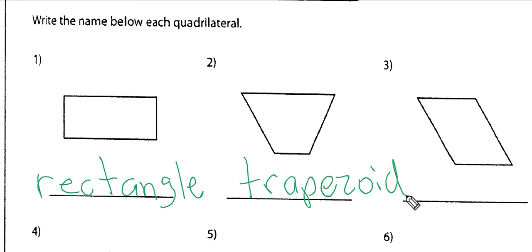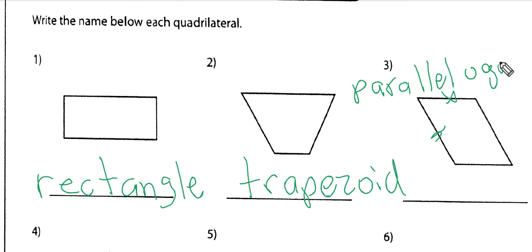And then number 3 is not a rhombus because the sides are not all the same. This side is not the same length as this side. It's called a parallelogram, and I'm going to write it up here so I have more room. Parallelogram. Try to say that a whole bunch of times fast.